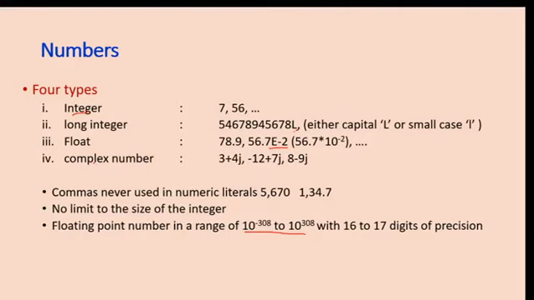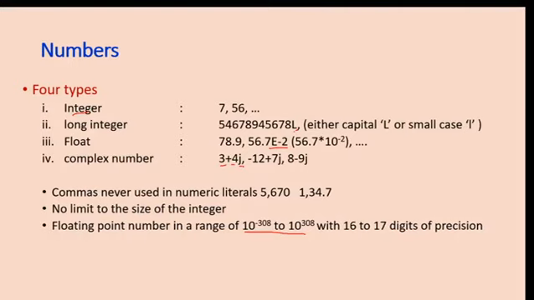One more added feature in Python is that we can represent complex numbers. There is a separate data type for complex numbers. For example, 3 plus 4j. Real part plus or minus imaginary part value followed by j.